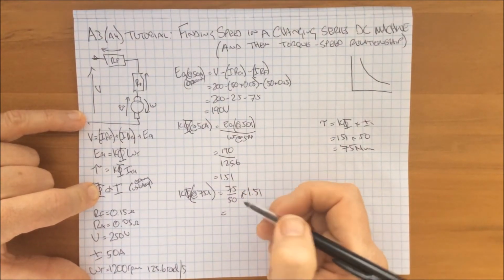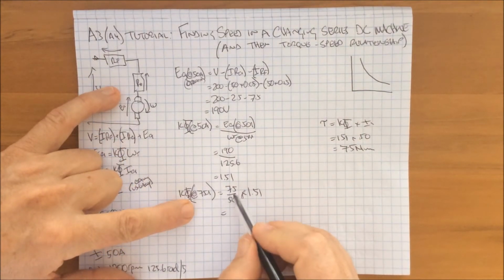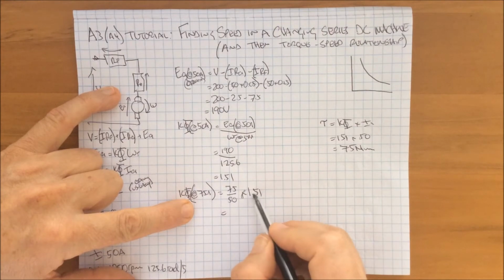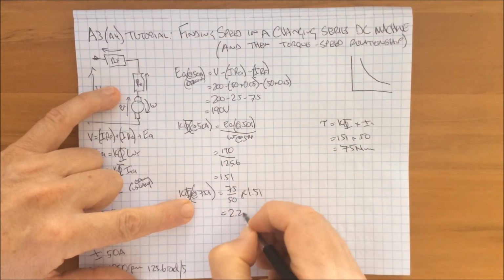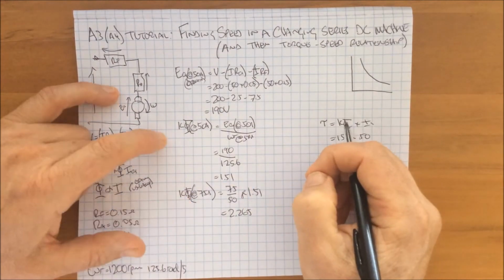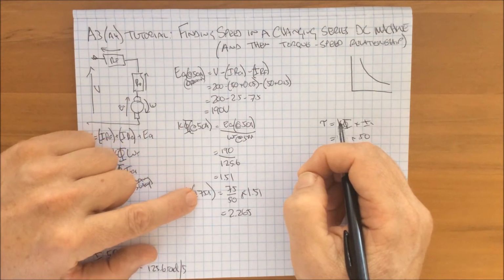So our new K phi at 75 amps will be a ratio of the new to the old times the old, and that comes down to 2.265. So we now have two K phi numbers, the old one at 50 amps and the new one at 75.